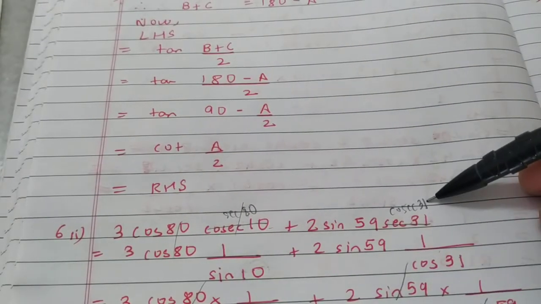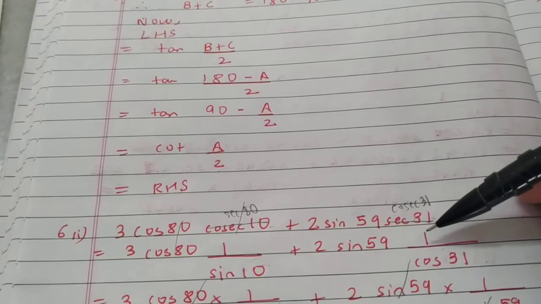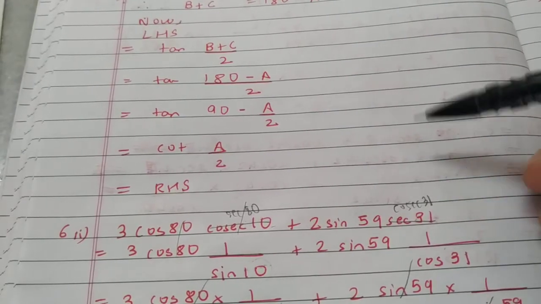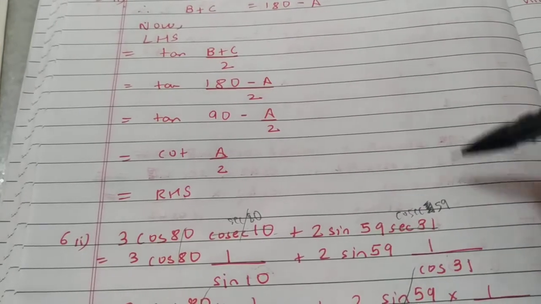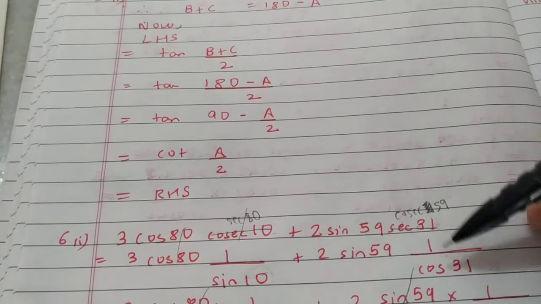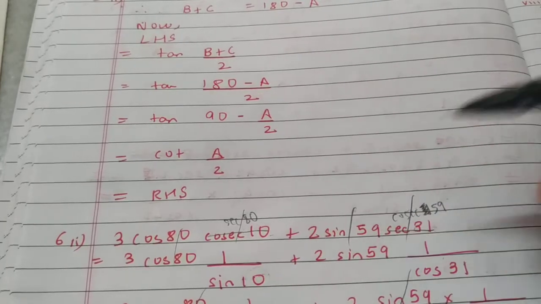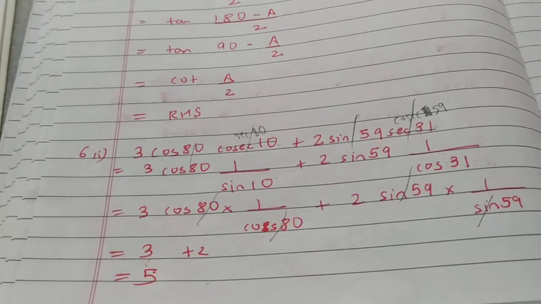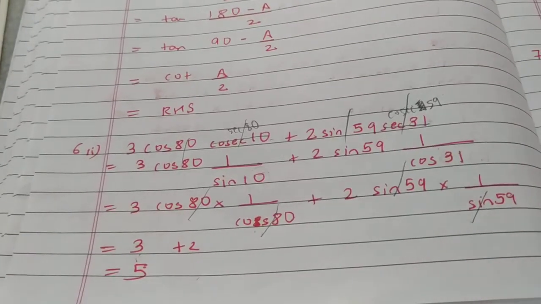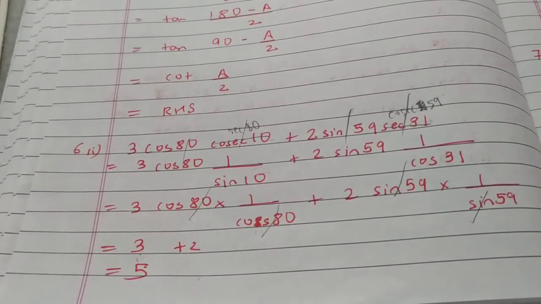And cosec 59 will become 1 upon sine 59. And that will be cut. So the final answer would be the same. So once you know all the formulae, there are so many ways you can solve it, which makes it so easy and interesting.